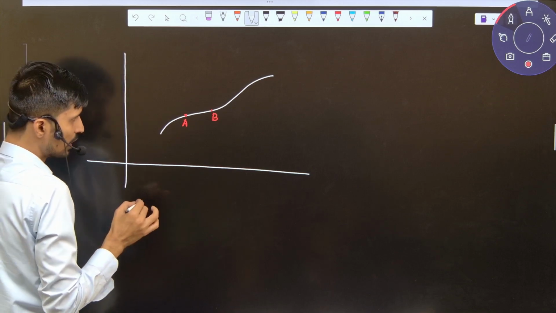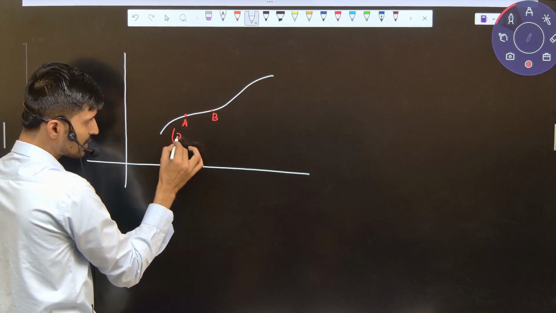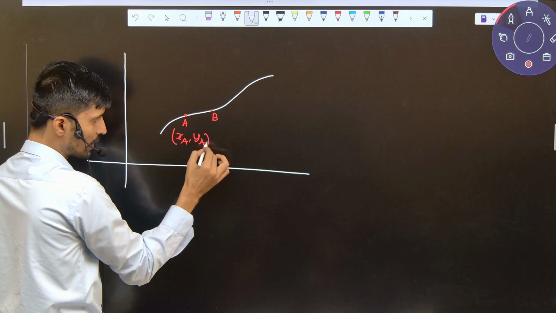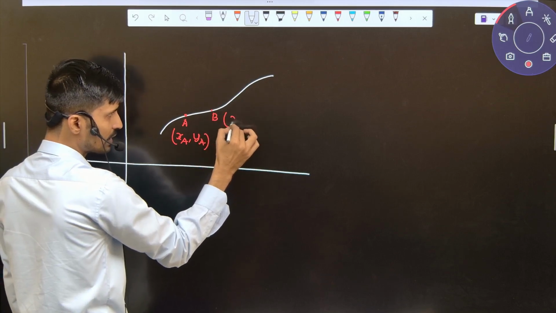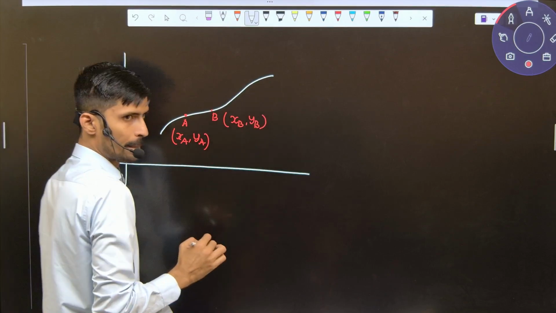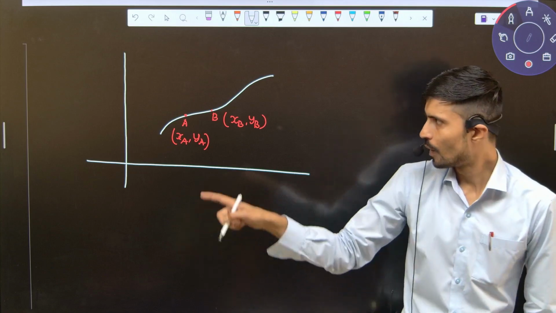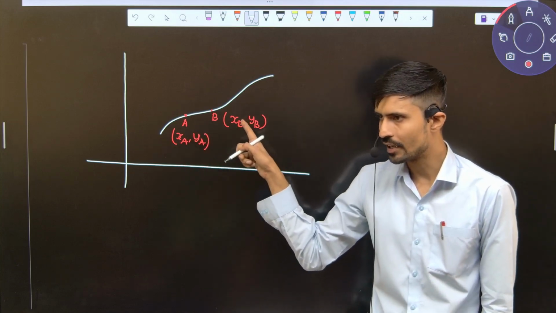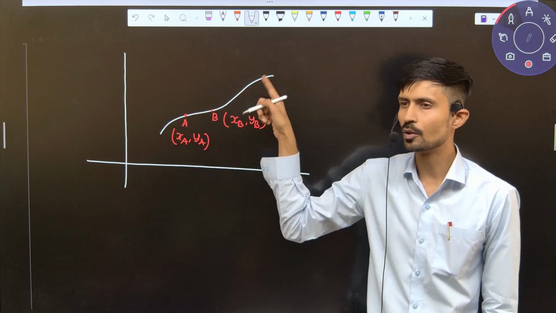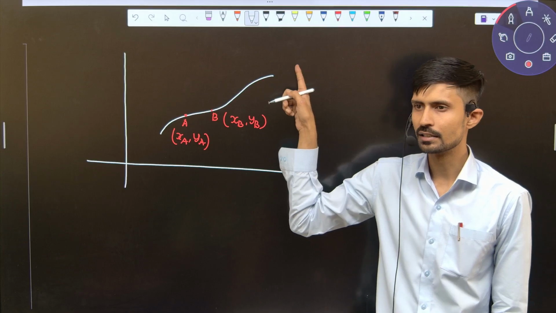Now, let's say the x coordinate of A is xa and the y coordinate of A is ya, and the x coordinate of B is xb and the y coordinate of B is yb. If you are confused why I am writing xa, ya, xb, yb, it is because this is some random graph I have drawn, and I don't know which function this is.